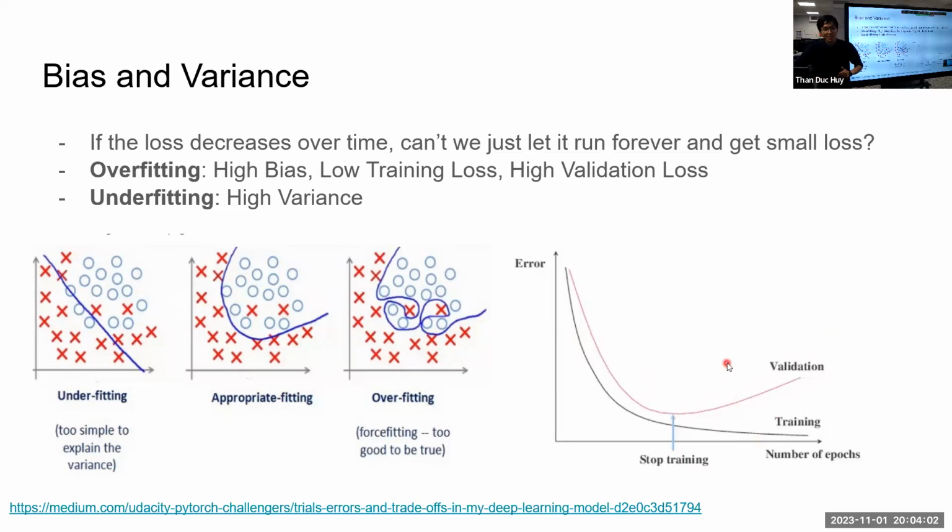The moment the validation loss goes up, it is probably overfitting. That's why we introduced the idea of a validation set, to stop training around this time. Even though the error is not yet at the minimum, we know it's time to stop, because the more we train, the more it will overfit.